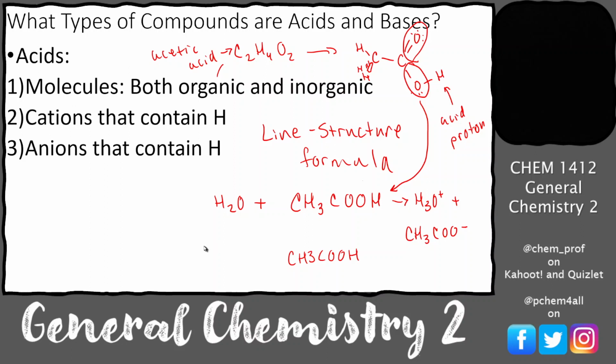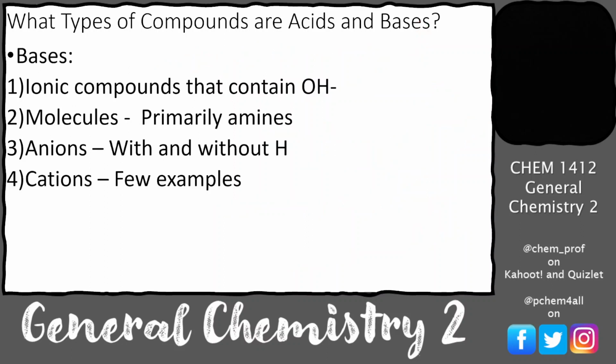So these are different acids. And then bases, again, ionic compounds that contain hydroxide are obviously bases, like barium hydroxide and sodium hydroxide. But organic molecules like amines can be a base. So let's look at ammonia.